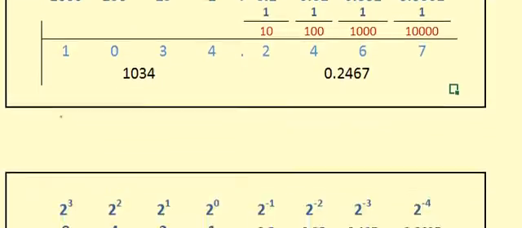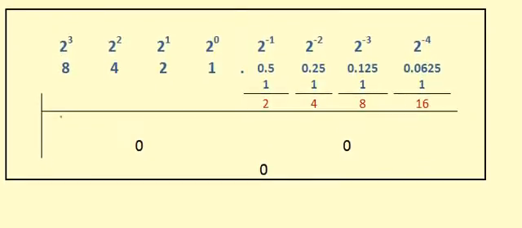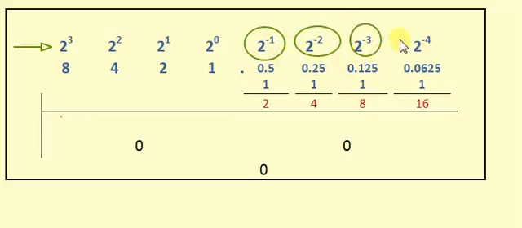Now we do the same with base 2. So let's have a look at base 2. Again it's the same. We've still got our progression of exponents: 3, 2, 1, 0, and then 2 to the minus 1, 2 to the minus 2, 2 to the minus 3, 2 to the minus 4.